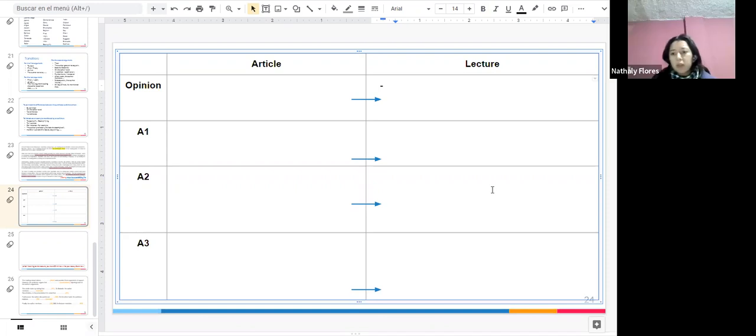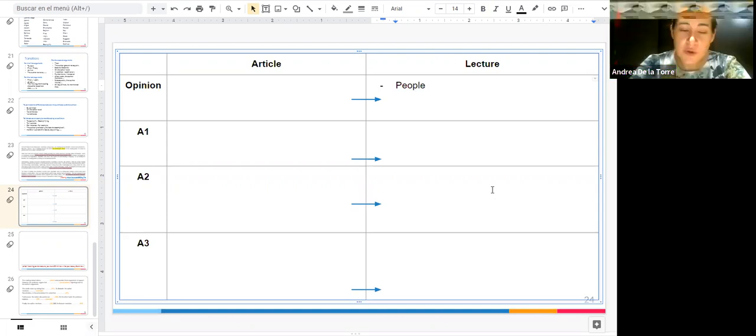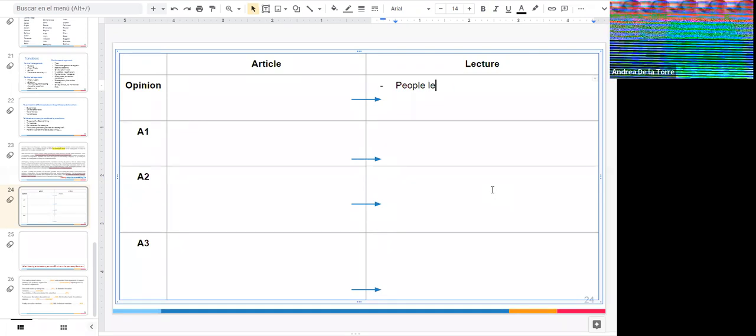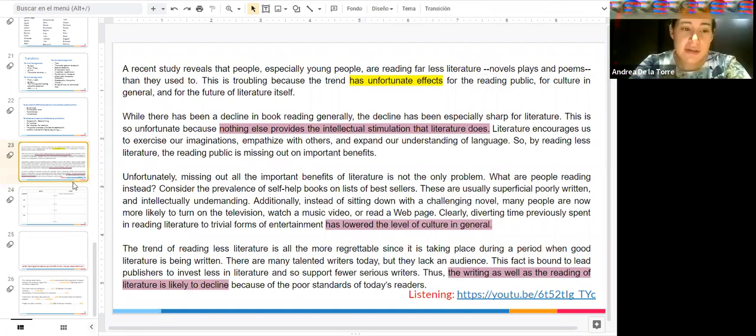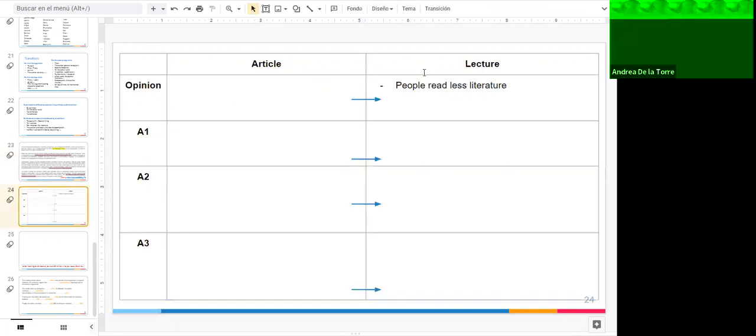The people read less literature. Okay, is that an opinion though? We said that wasn't an opinion, right? Because a study has revealed that. So it's not an opinion, it's a fact. People read less literature, it's just a fact.